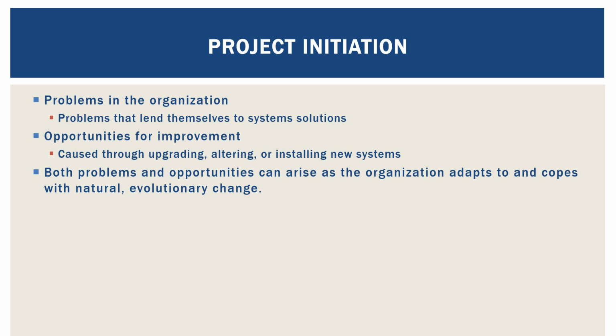That's one way a system or a project is initiated. Number two, there might be an opportunity for improvement, which might be caused by upgrading, altering, or installing new systems. Or it might be an advancement in technology, which might bring a new opportunity for improvement. We can actually say, why can't we just utilize this?